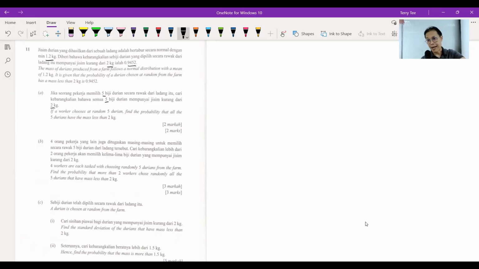The starting part says it's a normal distribution, but this part is actually a binomial because we are choosing from how many? 5 durian. And what is X? X is the event of choosing the number of durian that have mass less than 2 kg.